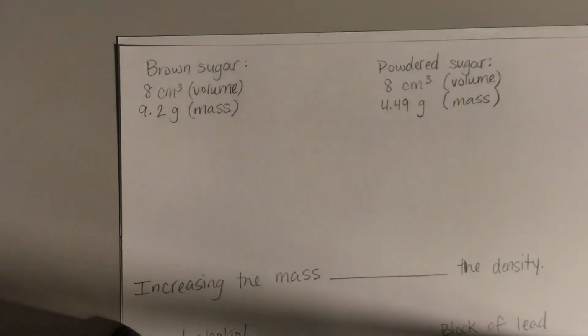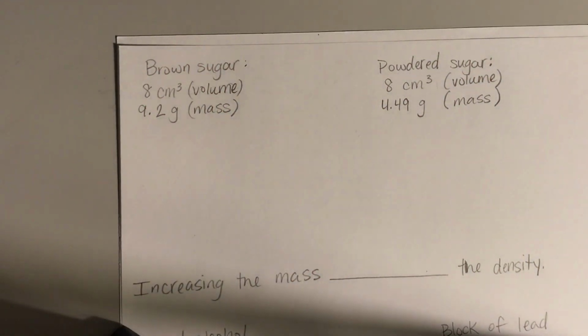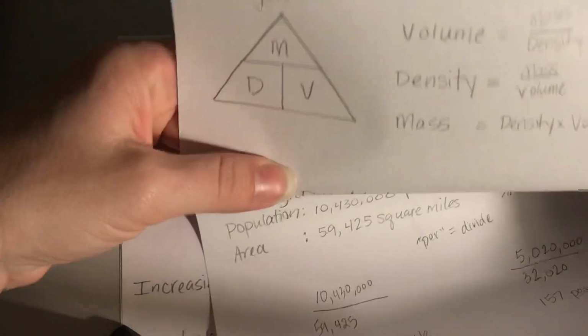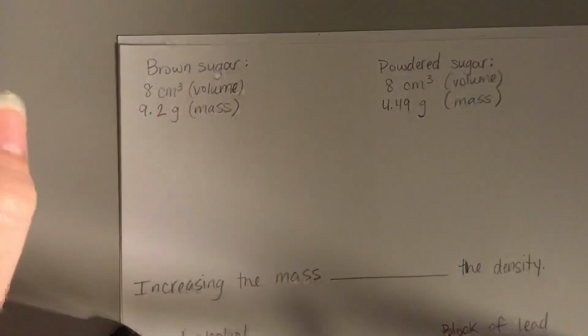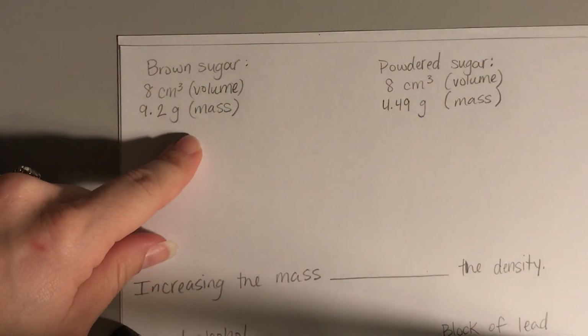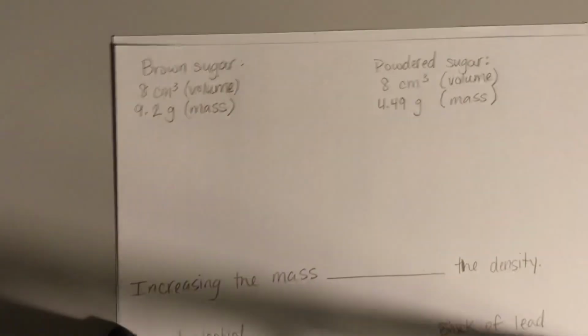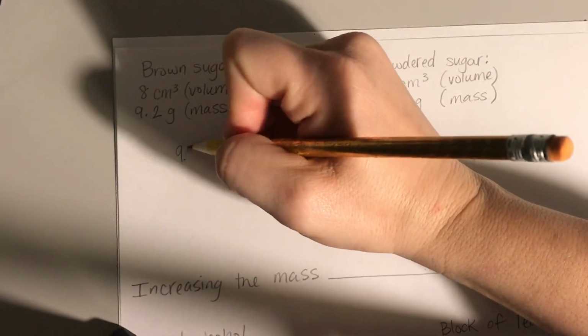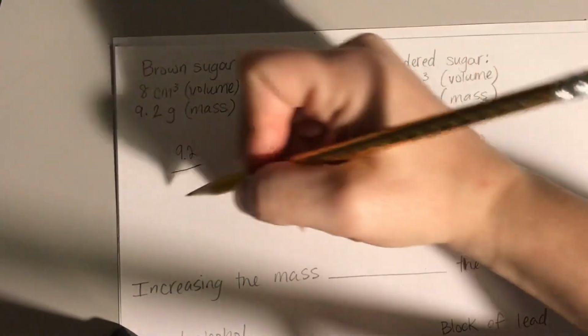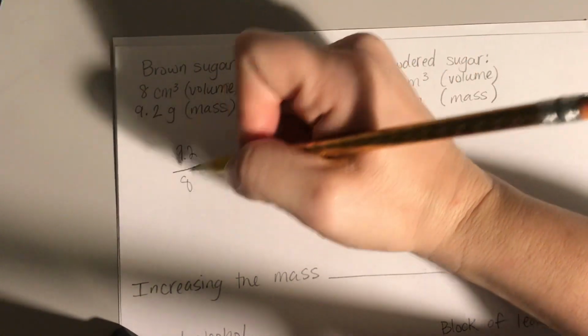If we were told to determine the density, remember the density is equal to the mass over the volume. So we take the mass they gave us, which is 9.2, and divide it by the volume, which is 8.